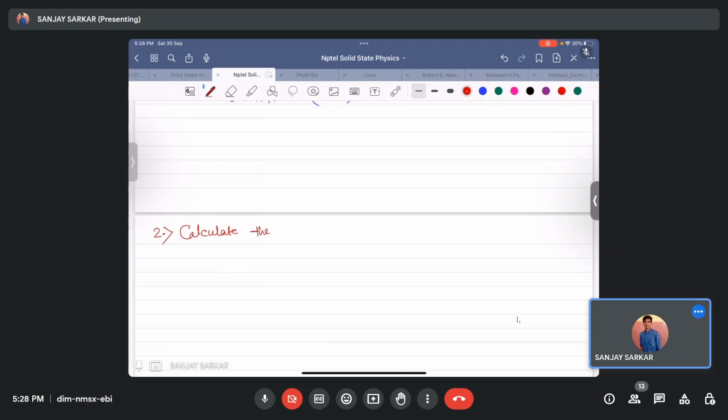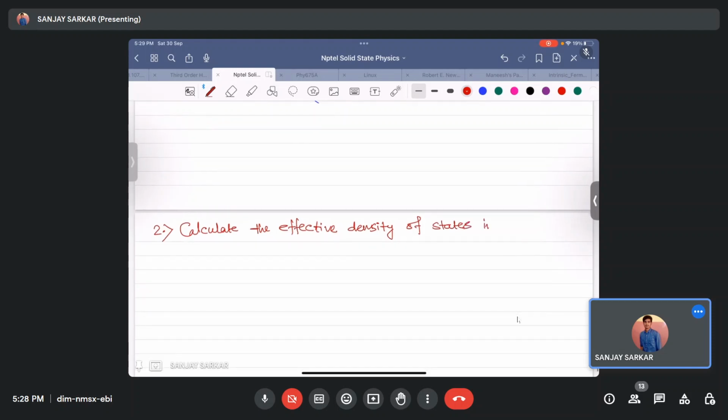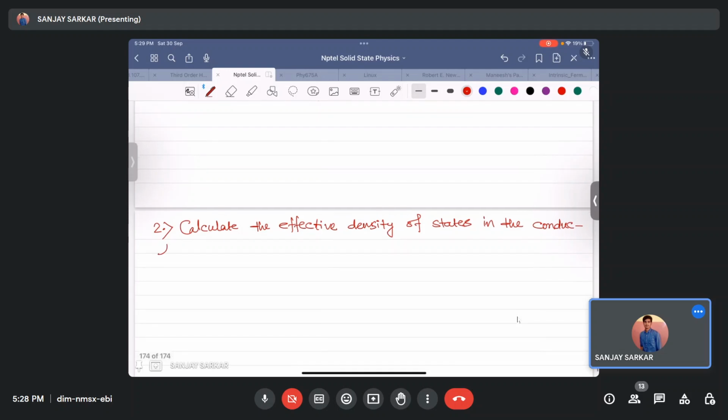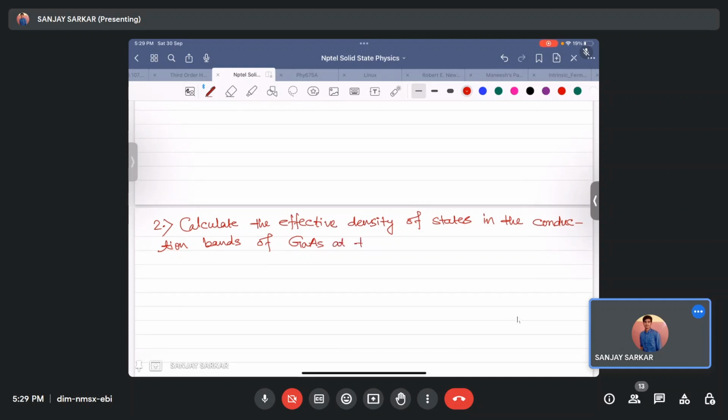Calculate the effective density of states in the conduction bands of gallium arsenide at temperature of 300 Kelvin.